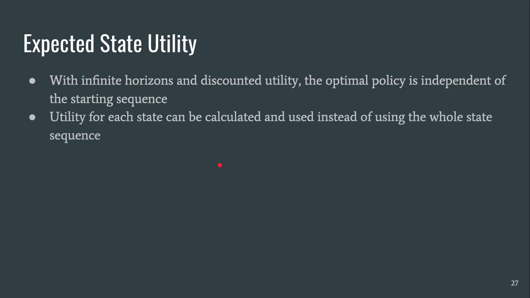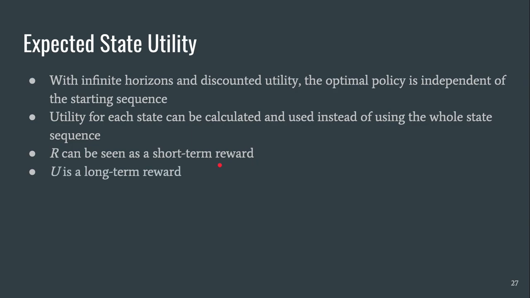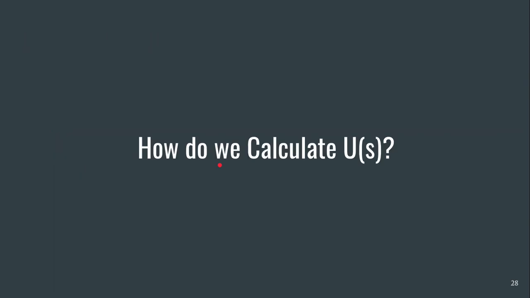So we can calculate that, and then we don't need the sequence. That means that R is now going to be seen as a short-term reward, and U is going to be a long-term reward. But the question is, how do we calculate this U for a given state? I'm going to show you one potential solution. It is not the best solution. It is computationally very intense once you move on to larger problems.